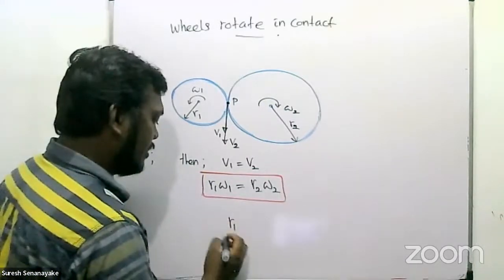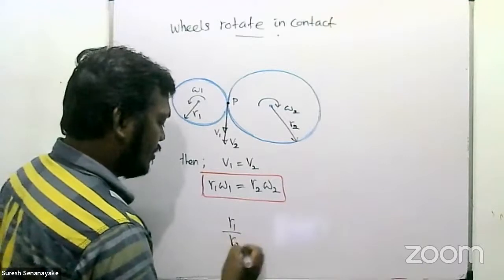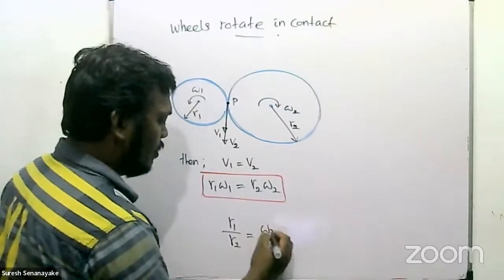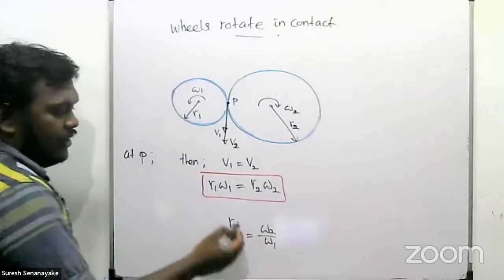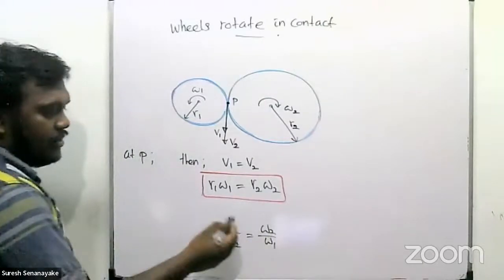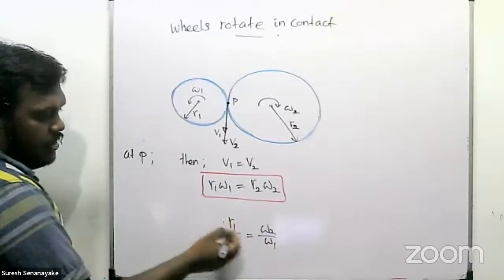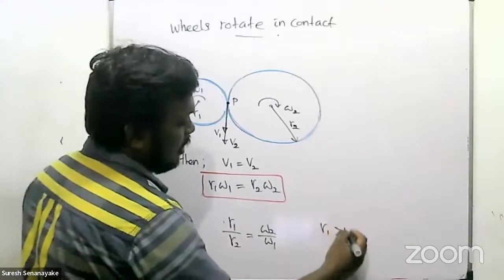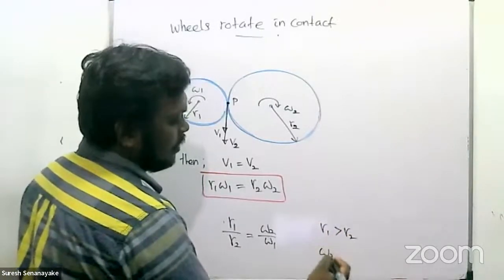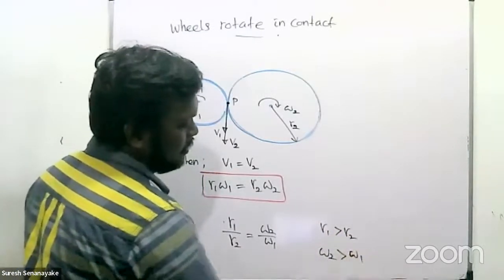Here we can say this R1 to R2 ratio equals omega 2 to omega 1. If R1 is greater than R2, that is, this is the large wheel and that is the small wheel, then omega 2 is greater than omega 1.